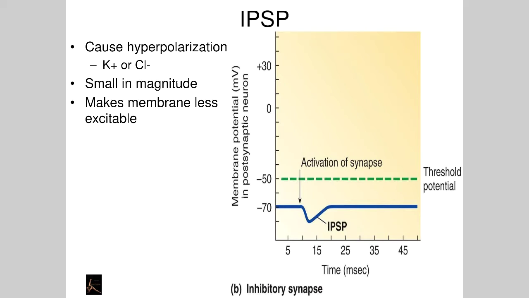In both of those scenarios, the inside of the cell is becoming more negative. So we're pulling the postsynaptic cell away from threshold. It makes the membrane less excitable. That means if an excitatory potential comes, it's going to have to be even stronger in order to make up that difference to get to threshold. We've talked about these concepts before. Now we're relating it to the actual mechanism that is causing the EPSP or the IPSP.